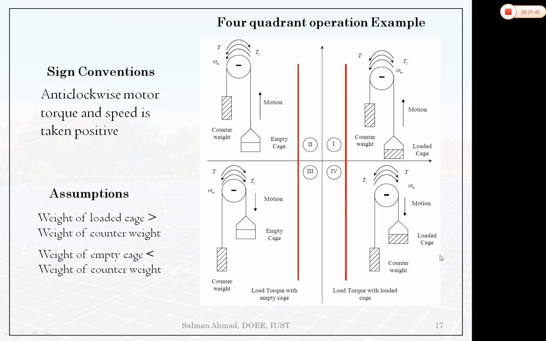Since the cage is moving downward, speed is in the clockwise direction, which we have taken as negative. Torque is positive and speed is negative, so the product is negative. That is braking operation, but since speed is negative, we call it reverse braking operation.